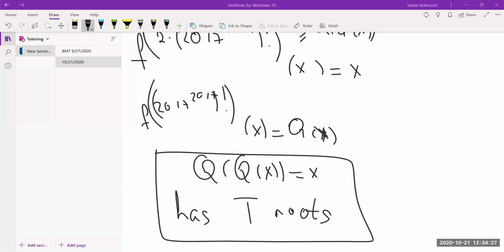Well, what do we know about q? We knew that p is a non-zero polynomial with degree no more than 2015.